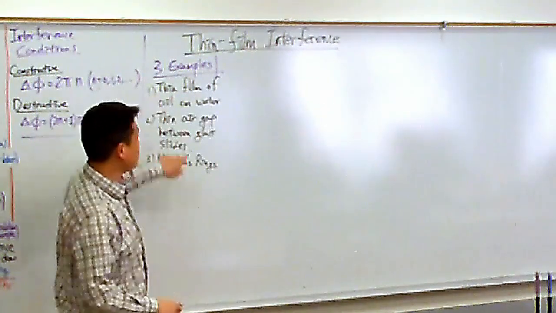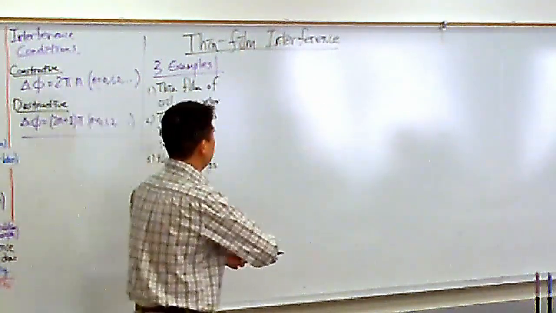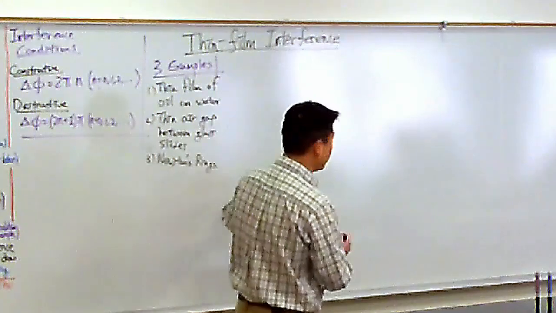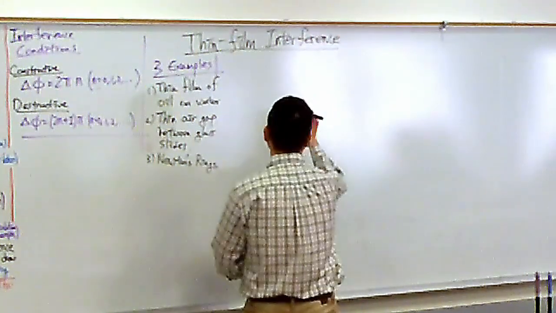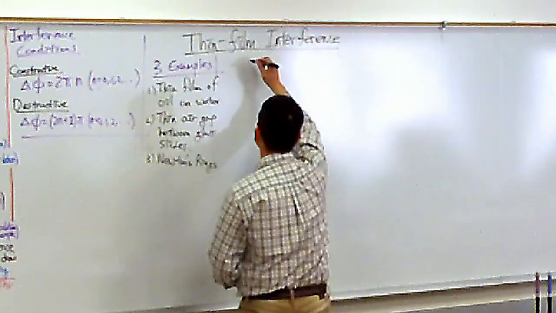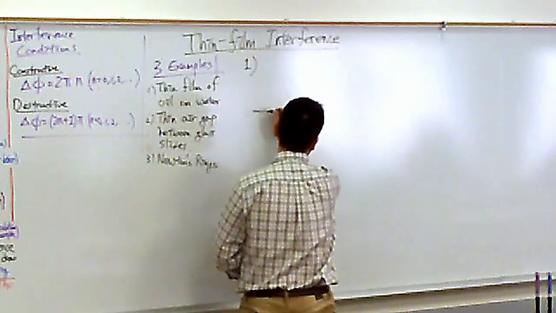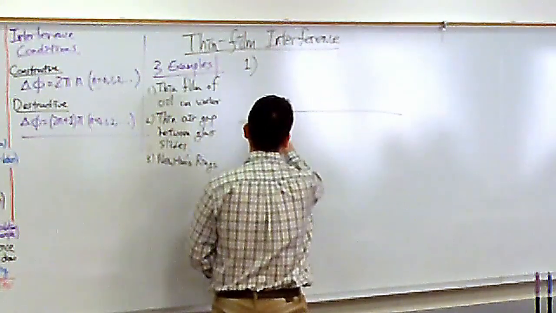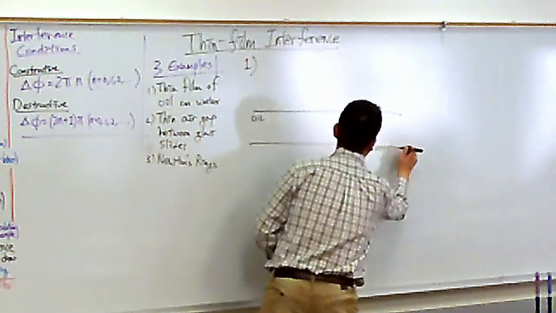Thin film of oil on water. I say thin, but I'm going to draw it big so that I can actually draw it. So example 1: thin film of oil on water.